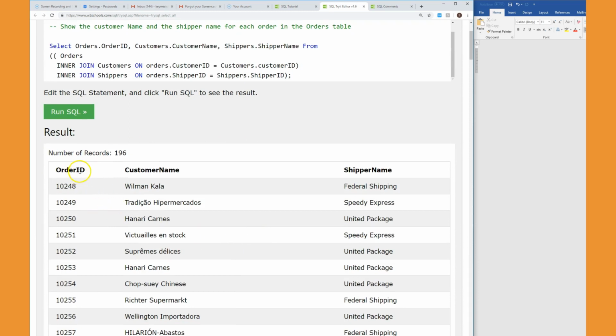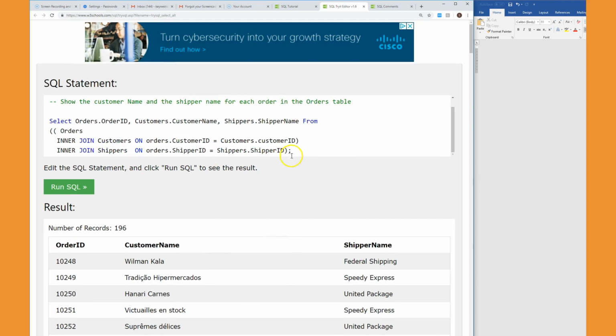I got the order ID, I got the customer name, and I got also the shipper name along with it. So this required three tables, and look at the order of the parentheses. Make sure you start with the junction table name, then take the inner join with the tables represented by the foreign keys in the order table.